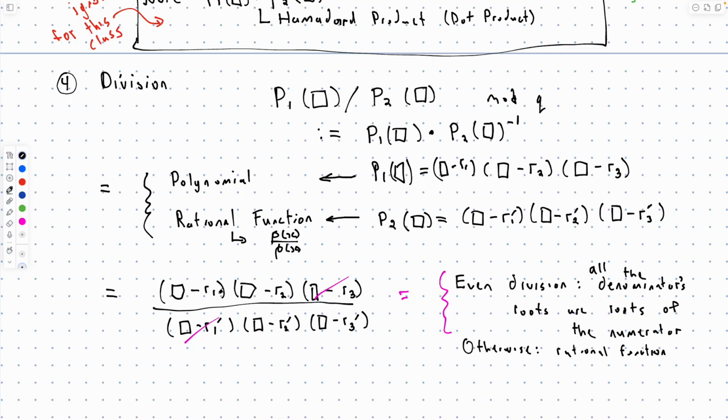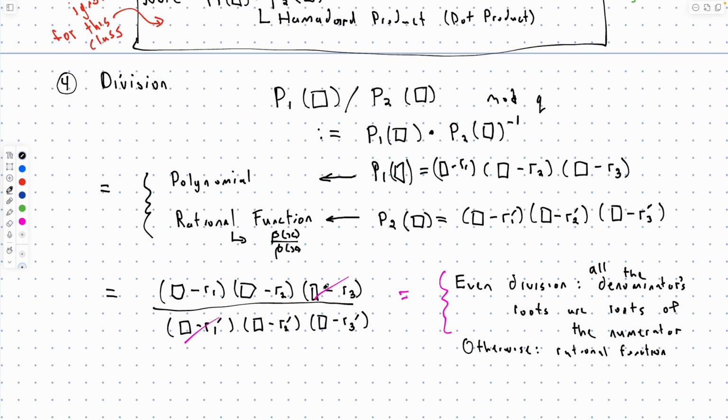The quotient would be this polynomial divided by this polynomial. I'm going to tell you something about the quotient, and I'm going to convince you it's a polynomial, not a rational function. And by convincing you that I have a quotient polynomial and it's actually a polynomial, then I've convinced you that all the roots in the bottom thing are also roots in the top thing.